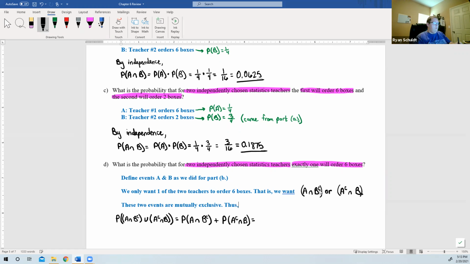Okay, well, what is this? So by independence, so I'm going to put an equal here, but then I'm going to put a little note that says by independence.